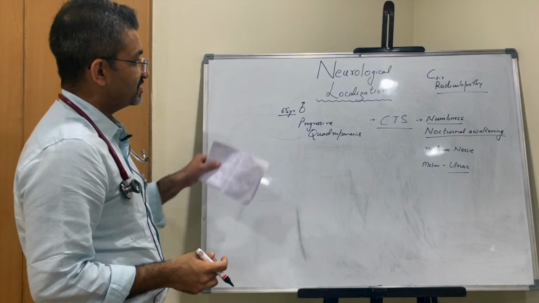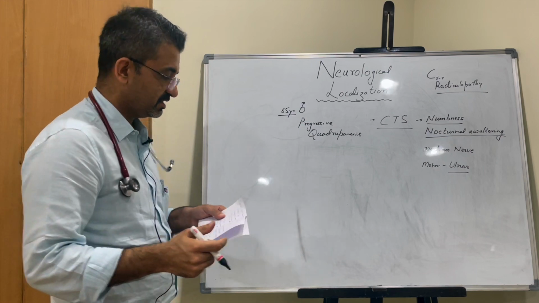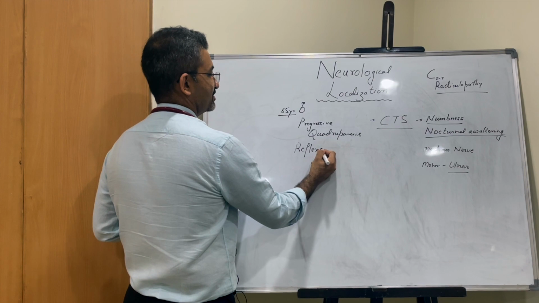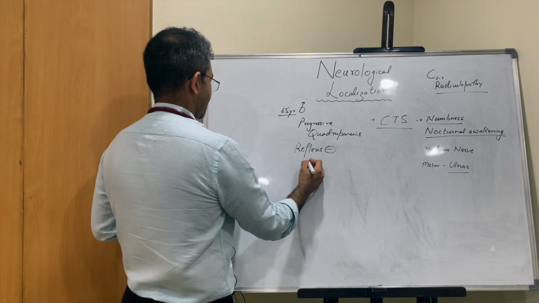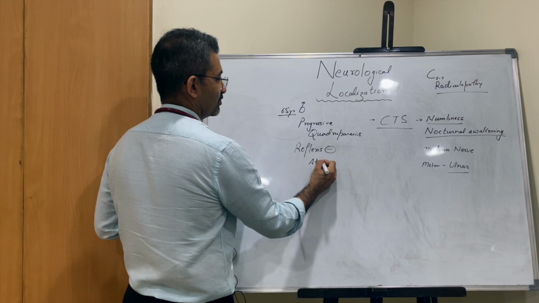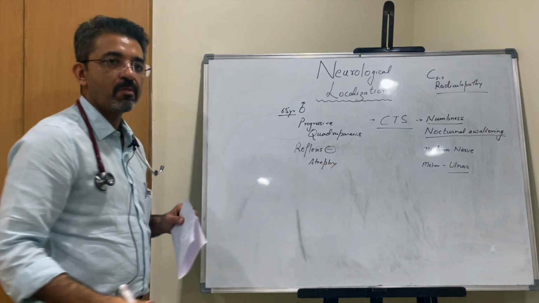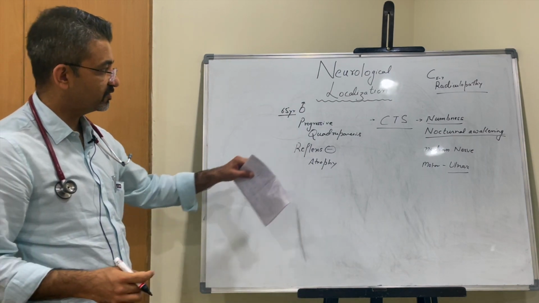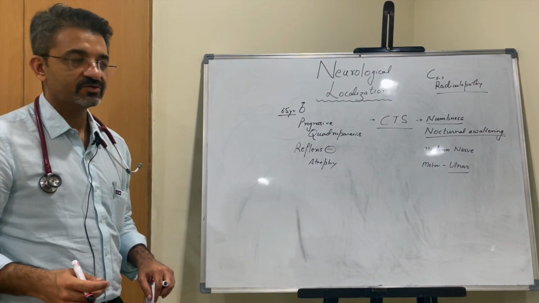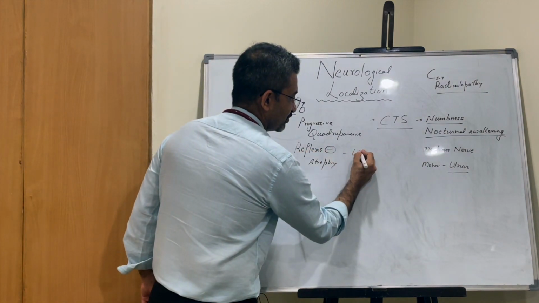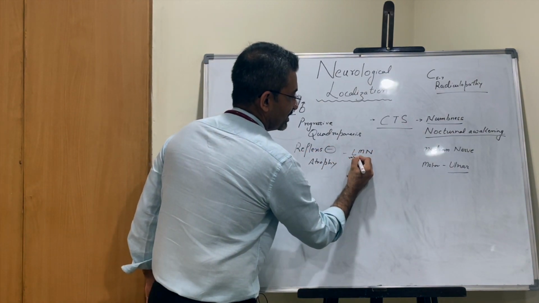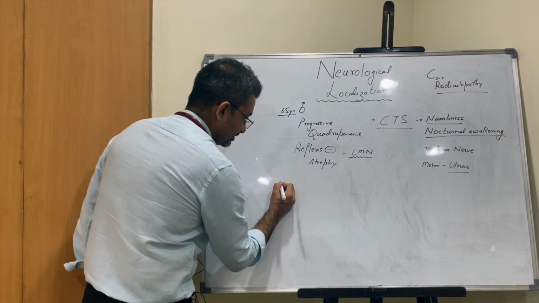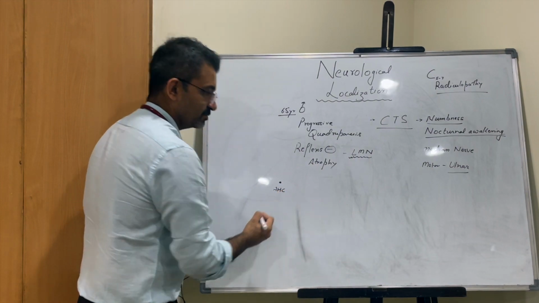Suppose when you examine a patient of quadriparesis, you find that the reflexes are absent and you have atrophy. That means you have atrophy of the leg muscles and reflexes which are absent. So this is a case of lower motor neuron type of quadriparesis. This is LMN. So where should our lesion be? The lesion could be in the anterior horn cell, AHC.